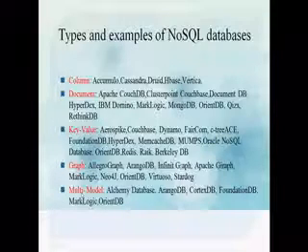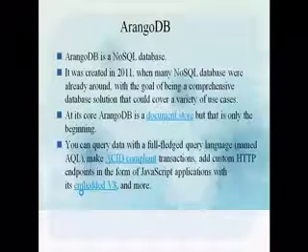Now we will discuss one of these databases in depth, which is ArangoDB. ArangoDB is a graph as well as multi-model database. It is one type of NoSQL database. It was created in 2012, when many databases were already around, with the goal of being a comprehensive database solution that could cover a variety of use cases.